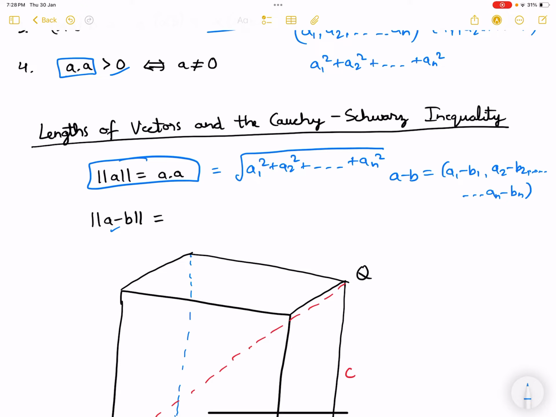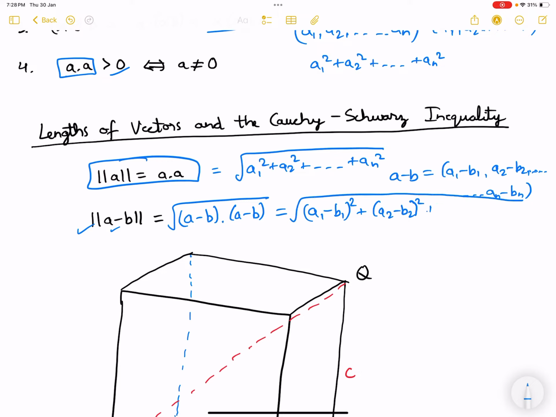So the length of the vector would be the square root of A minus B dot A minus B. So this is A1 minus B1 whole square plus A2 minus B2 whole square till An minus Bn whole square. So this would be the length of the vector.